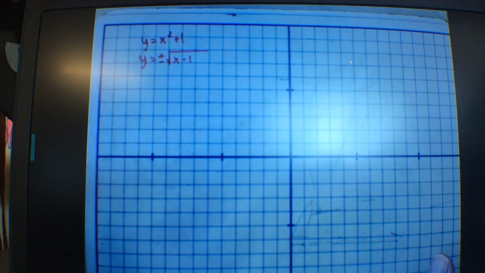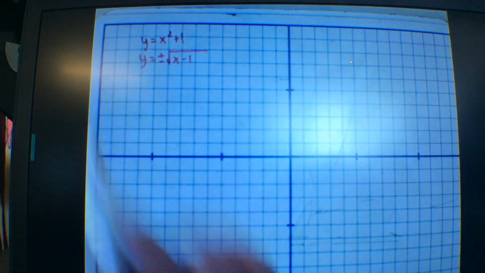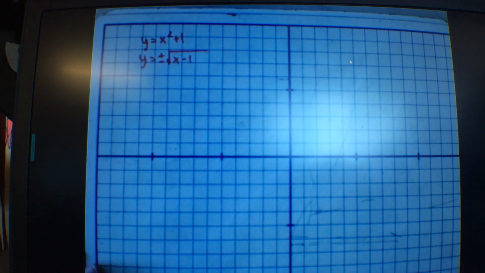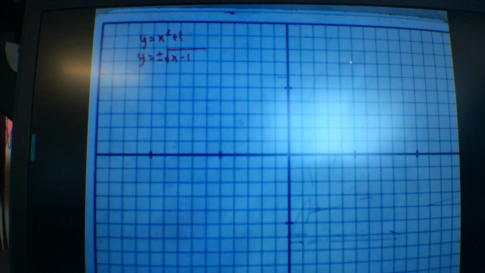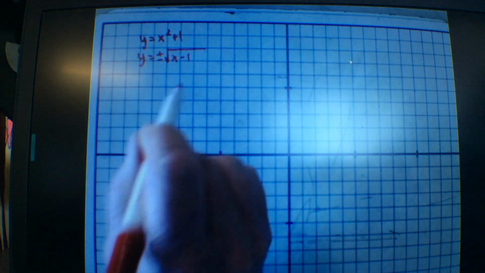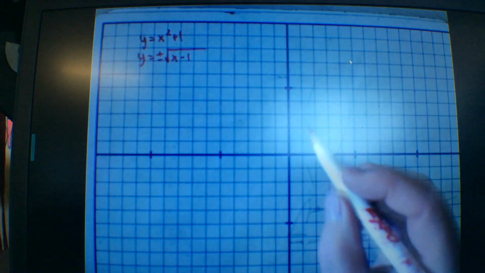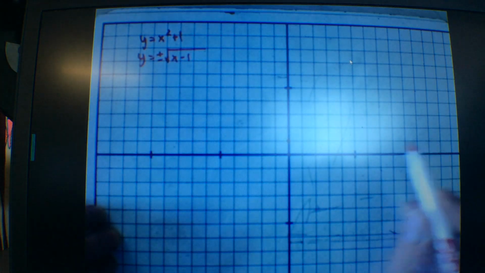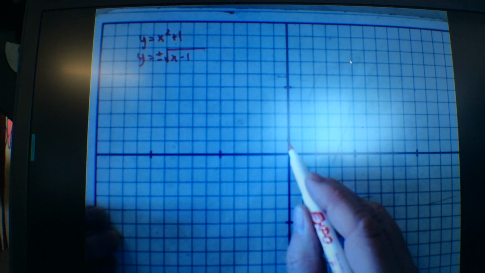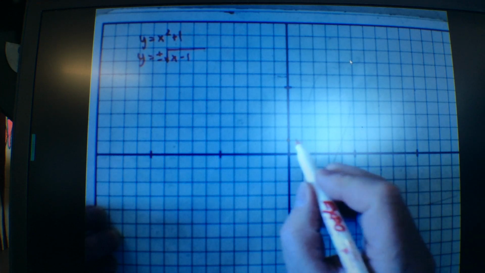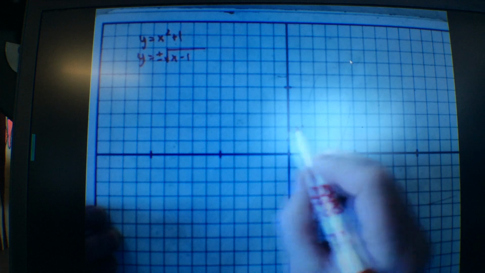I don't know if you remember how to graph a parabola, but I'm going to take this first one. If you remember right, the parent graph is x squared. We start at the origin, we go over 1 up 1. But since we plus 1, we move it up 1. Do you remember that? So this is the vertex, right? From the vertex, we go over 1 up 1, over 1 up 1.